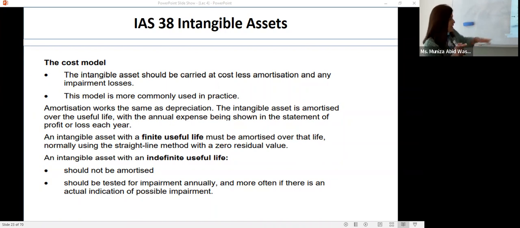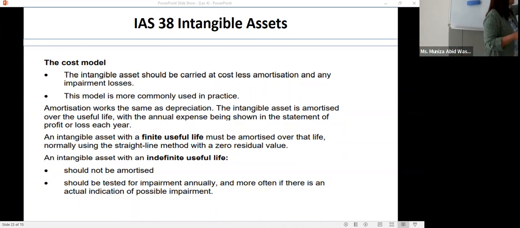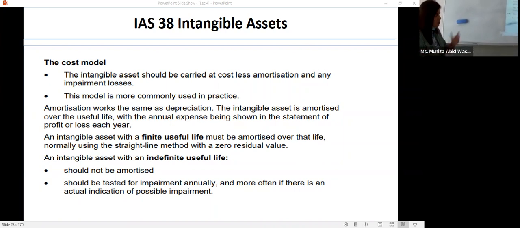So every year we are going to check for indications of possible impairment for an asset with an indefinite useful life. And if it is impaired, we are going to write it at its impaired value. Got it? So this is the case of the cost model.